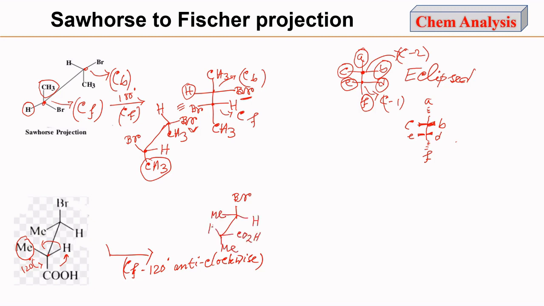Here will be hydrogen. Since we want to keep these two methyl substituents on the vertical axis, we have to also bring this methyl below the plane, and for that we have to rotate the back carbon by 60 degree anti-clockwise.